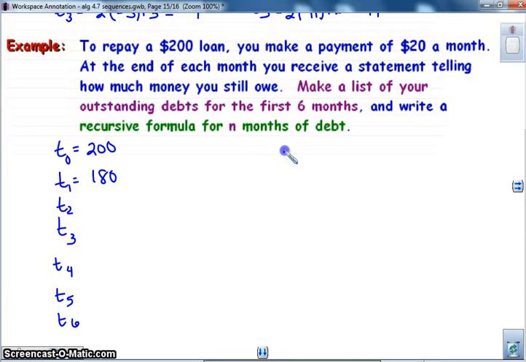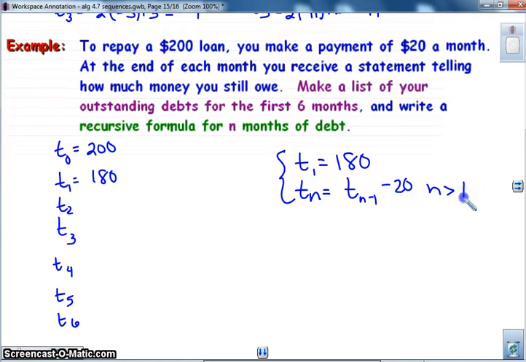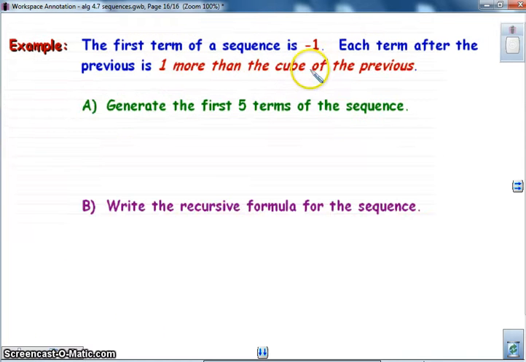And then if we think about writing our formula, remember, we want to put T of 1, which is our 180, and T of n equals the previous term, T of n minus 1, minus 20, where n is greater than 1. I want you to read through this and try and generate the first 5 terms and write the formula. Remember, the recursive formula has to have a t of 1 and a t of n. Good luck. We'll look at that in class tomorrow.